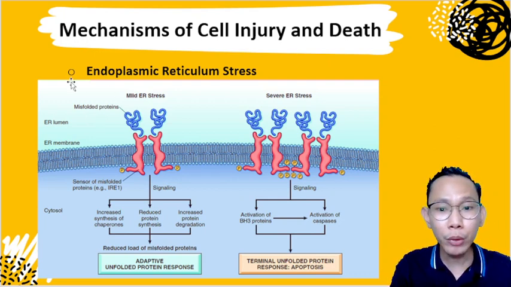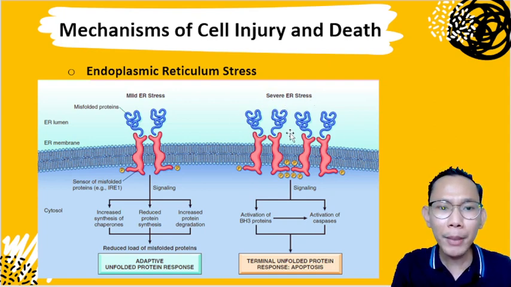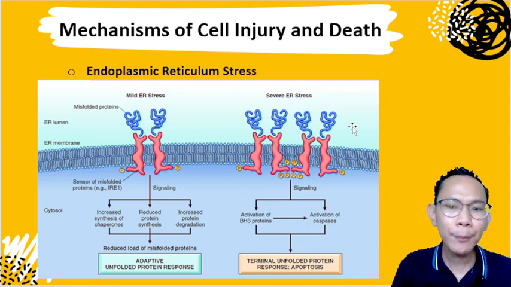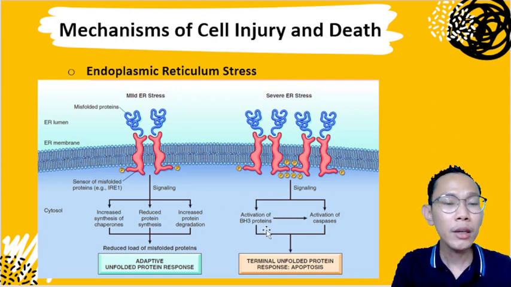However, the problem goes when there is too much misfolded proteins. Kaya dito, pag nagkaroon tayo ng severe endoplasmic reticulum stress, tingnan nyo, lalong dumadami ang misfolded protein. So ano nangyayari? Same pa rin, a-attach siya sa ating receptor or your sensor of your misfolded proteins. Then, it will send signal to the activation of your BH3 proteins.